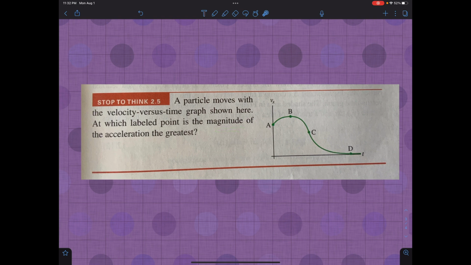So just the absolute value of that number. Let's take a look. Remember that acceleration is change in velocity over change in time. And acceleration is also the slope of a velocity time graph.